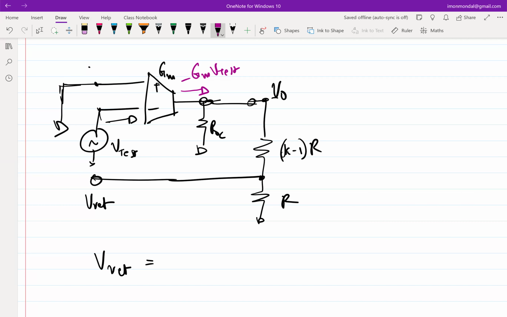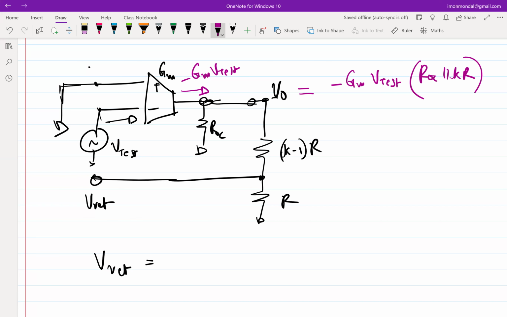So this will be GM times V test, negative. So what will be this voltage, V naught? And this should be simple, right? Where is this current going into? ROC and KR in parallel, right? So what will be that voltage? Minus GM times V test is the current times ROC parallel KR here.